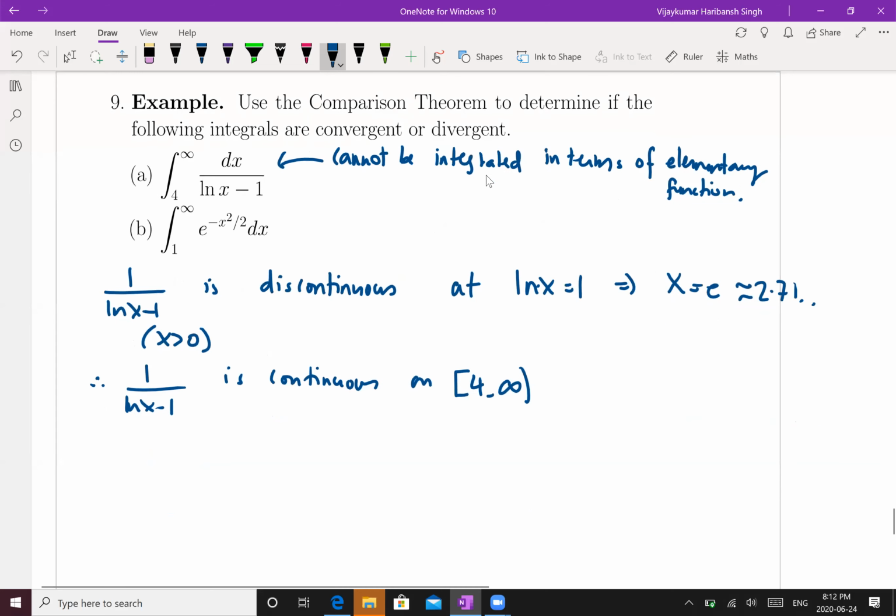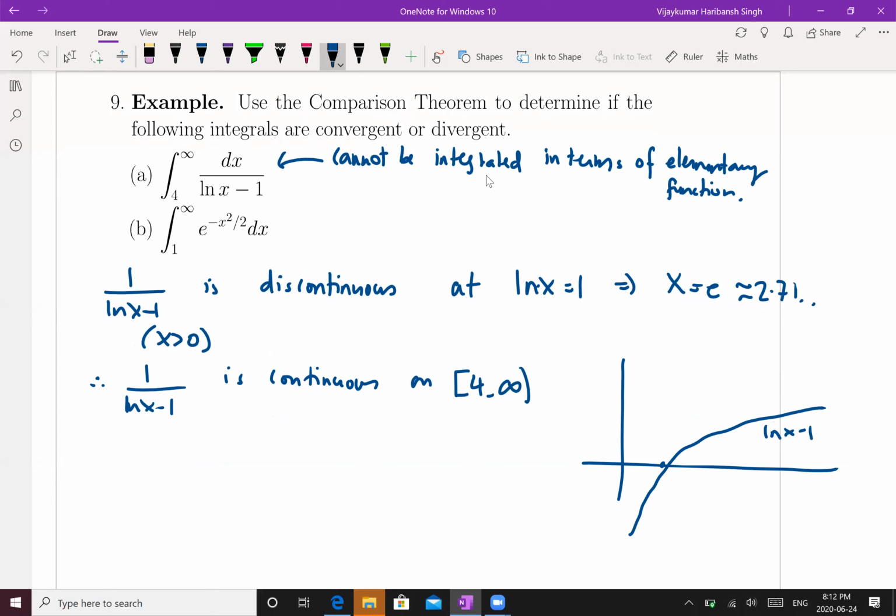Okay. So notice the following. Let me draw this. This is how ln of x minus 1 looks, shifted down. This is basically e. And y equals x looks like this.